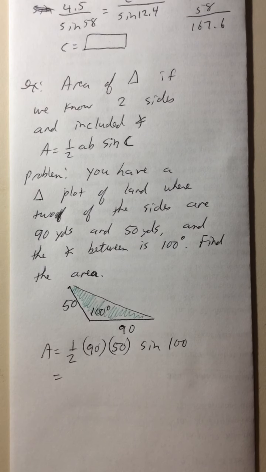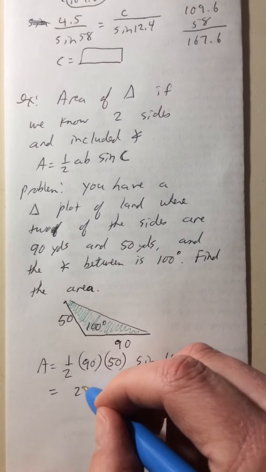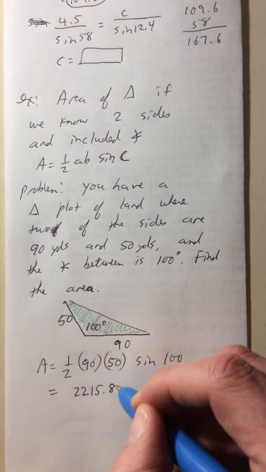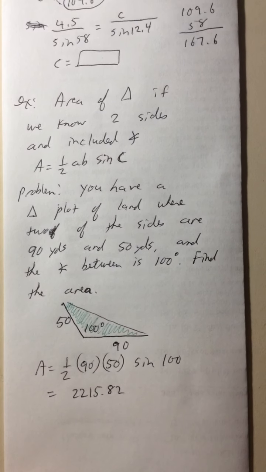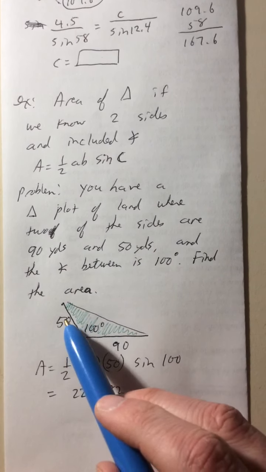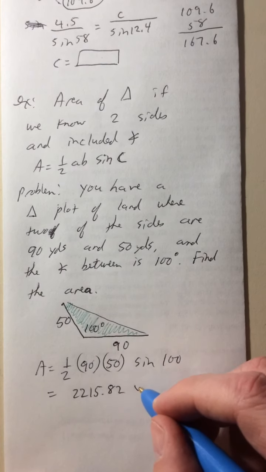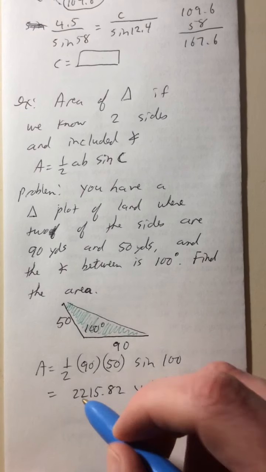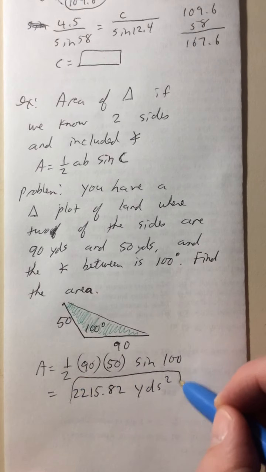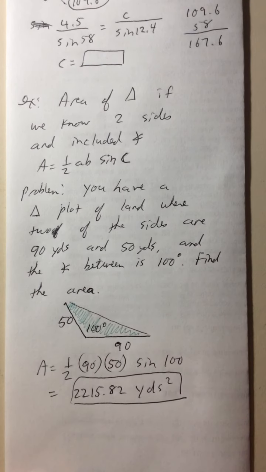So we got 45 times 50 times the sine of 100. Sine of 100 equals 2215.82. Right, so I got 82, good. And this was in yards, yards, and yards. So this is yards squared. So there's the area. And that is all I have to say about that.